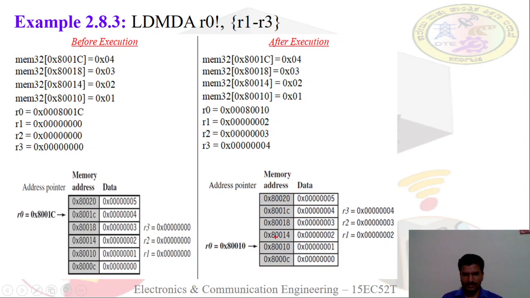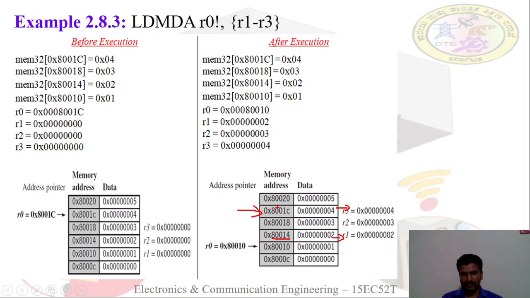The starting address is 8001C. So this is the highest address, so the data is moved to the highest number register, and this is the lowest address 80014. So this value is loaded into the lower register, that is R1. So that is the difference.